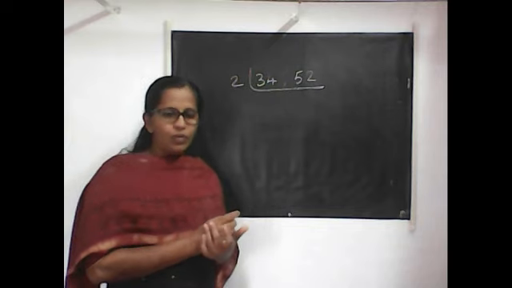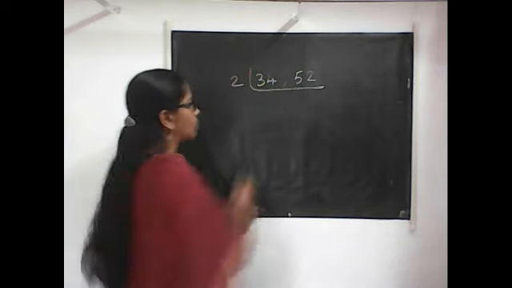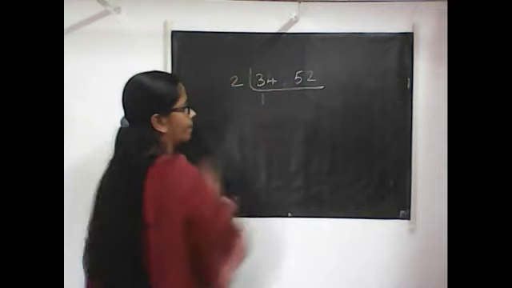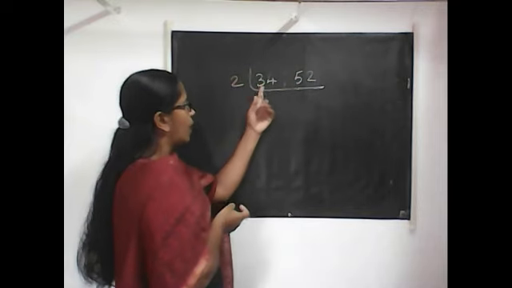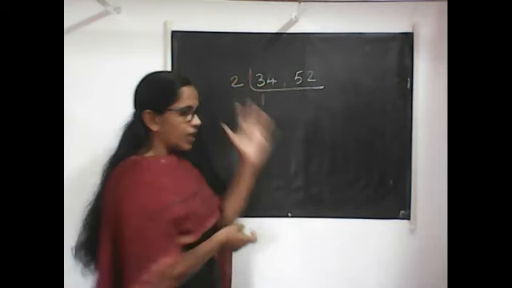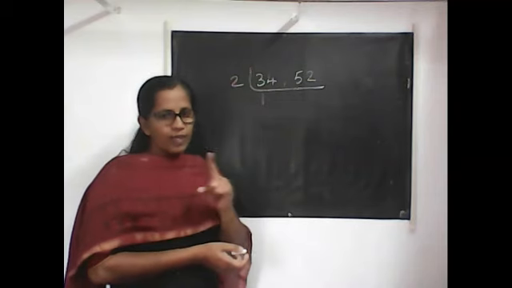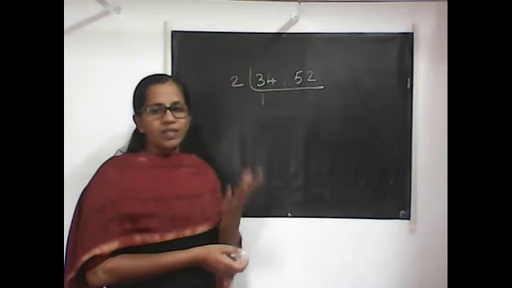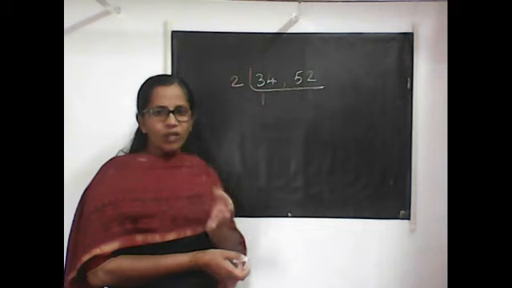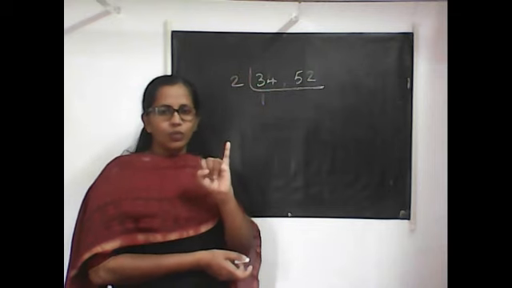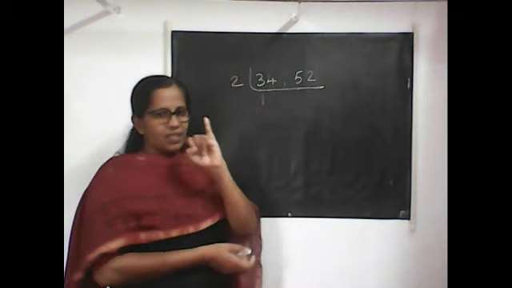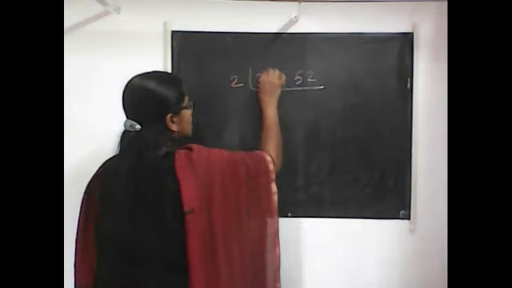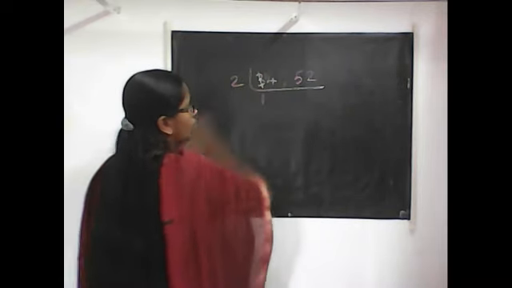Say the table of 2, 2 ones are 2. So, write 1 time. You have 3 toffees. From that, you have taken 2 toffees at one time. So, how much is remaining with you? 1 is the balance. You have to write that in between. Cut off this 3 and write 1 in between.